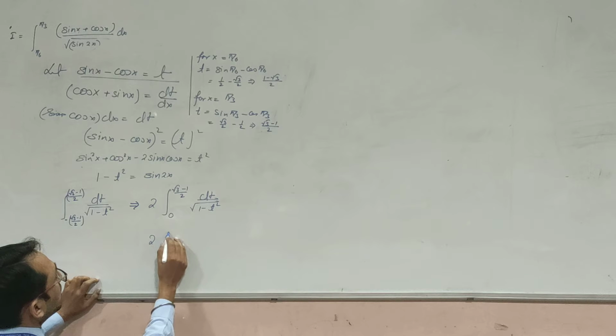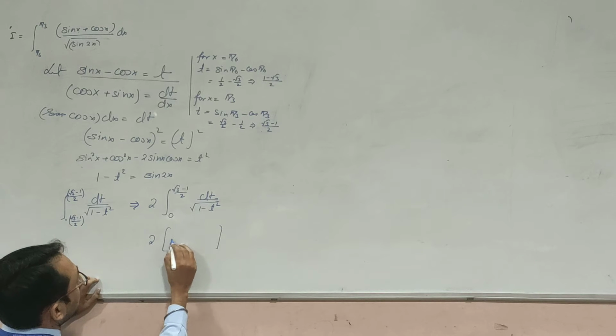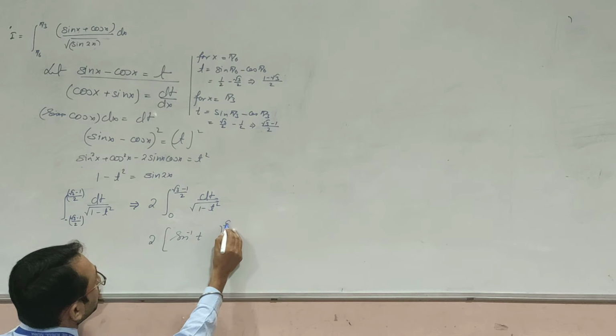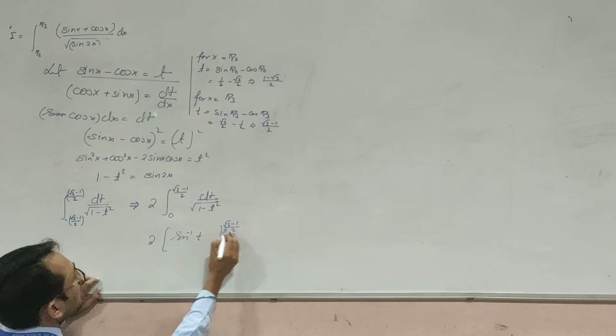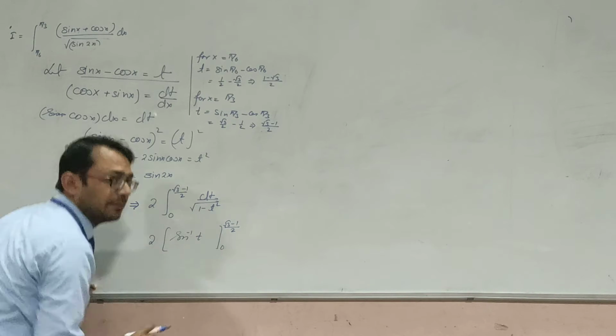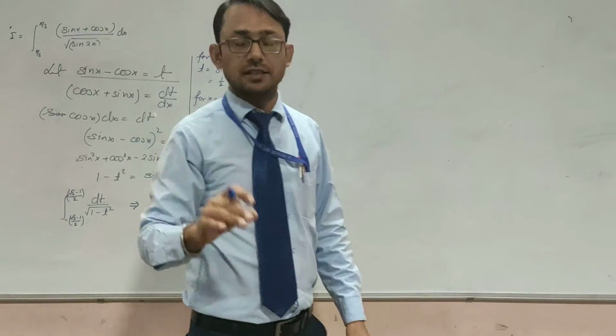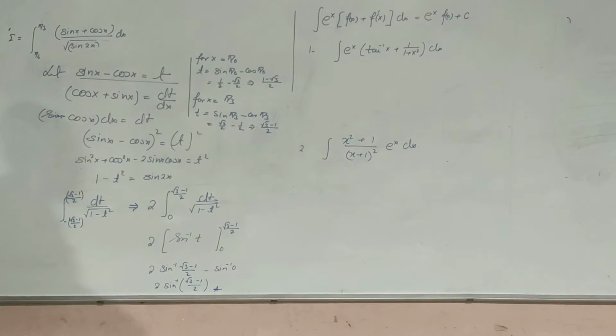So it will be 2 times sin inverse t from 0 to root 3 minus 1 upon 2. So put the limit and tell me what is the answer. You are supposed to get the answer.